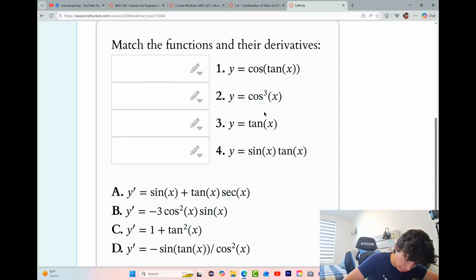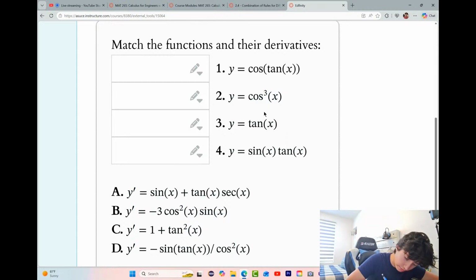Perfect. Okay, so we got tangent of x prime times what? Times cosine or times negative sine.